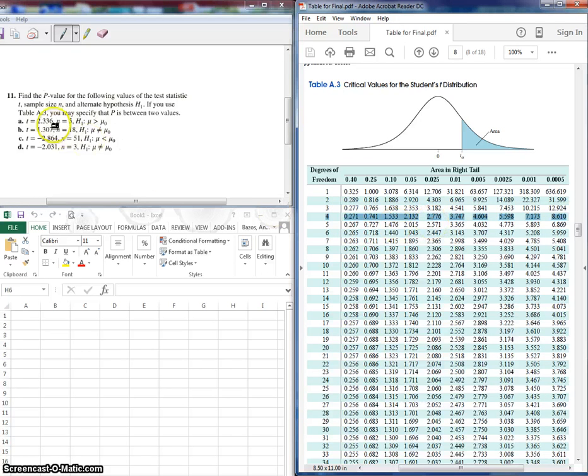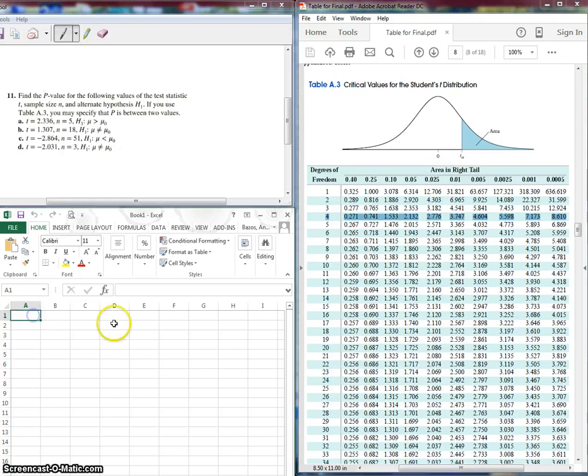Looking at our test statistic 2.336, we are in between this number and this number. That's where our t is, which means our p-value, the probability under the curve for this condition, is between 0.05 and 0.025.